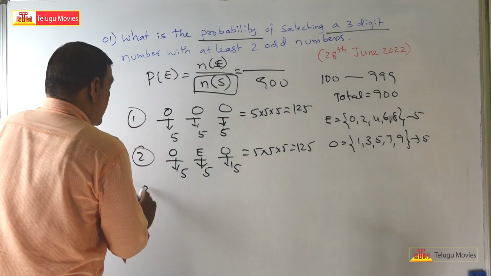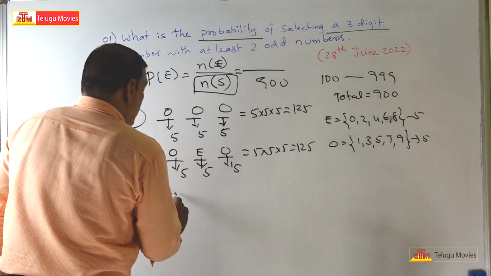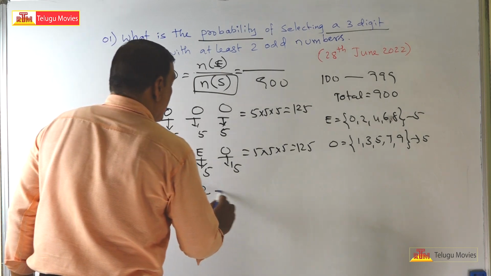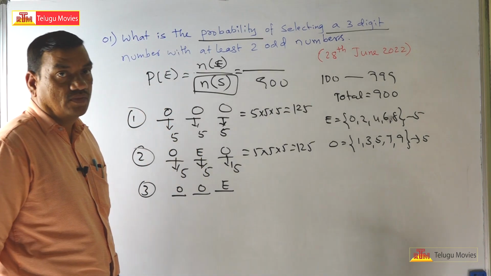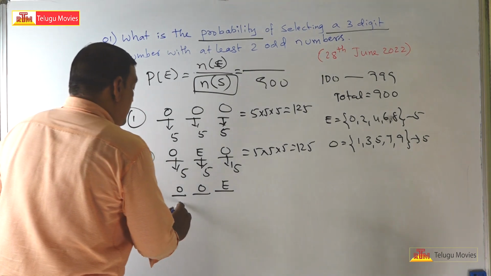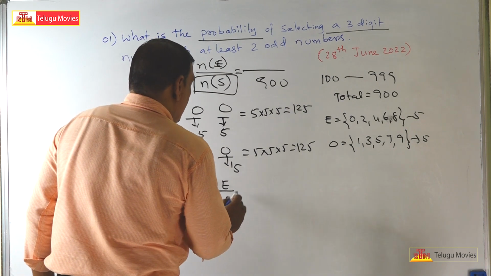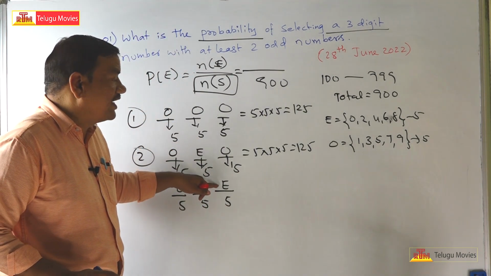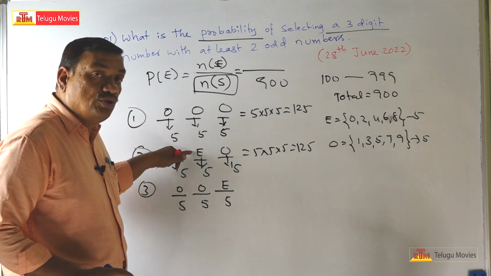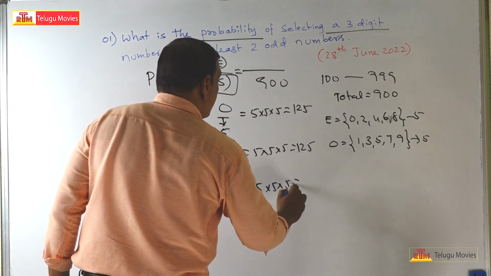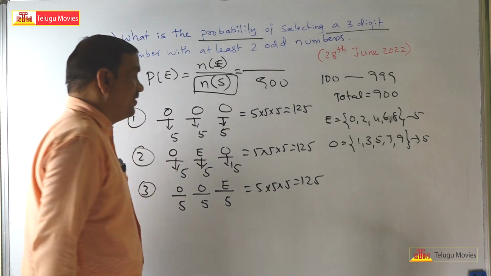Then the third case: the first digit is odd, the second digit is also odd, and let the third be even. This can be done in 5 ways, this place can be filled in 5 ways, this also in 5 ways. That means you can keep 0 also here, here also you can keep 0. So this can be done in 5 into 5 into 5, which is equal to 125 ways.